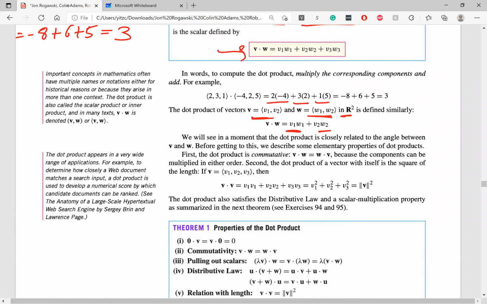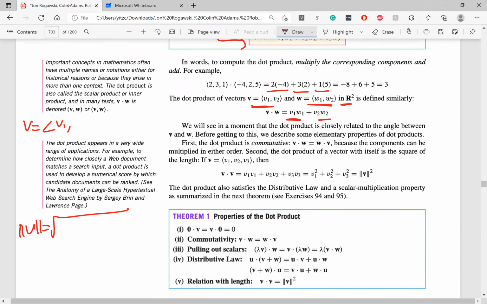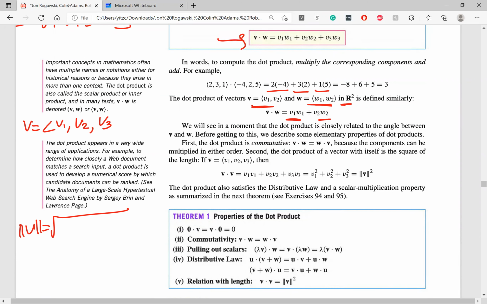Now, if you want to find the magnitude of a vector, we said that the magnitude is the square root. Let me write V is equal to V1, V2, and V3. So the magnitude of the vector is the square root of V1 squared plus V2 squared plus V3 squared.